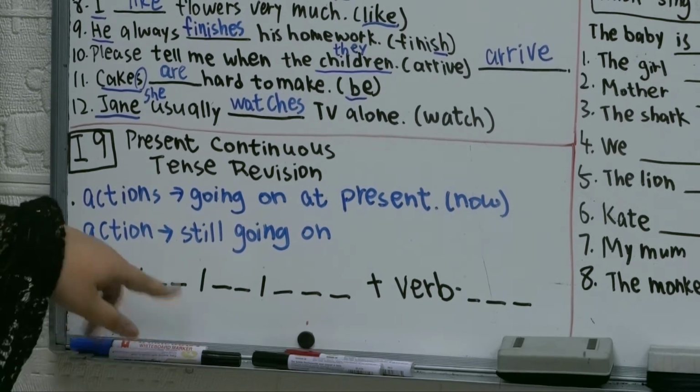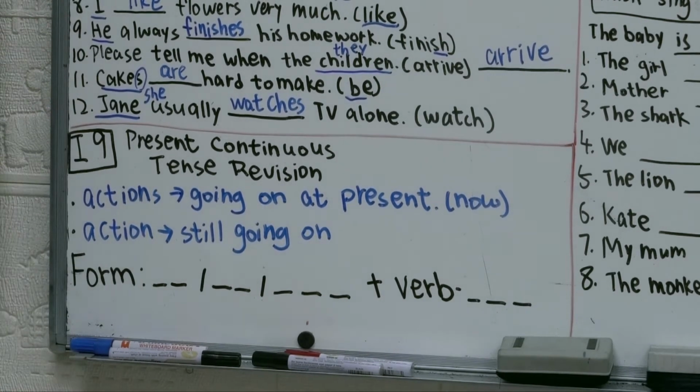Or something that is still going on. Always happens is for present tense, right? Present continuous tense is for an action that is still going on, that is always happening, okay?